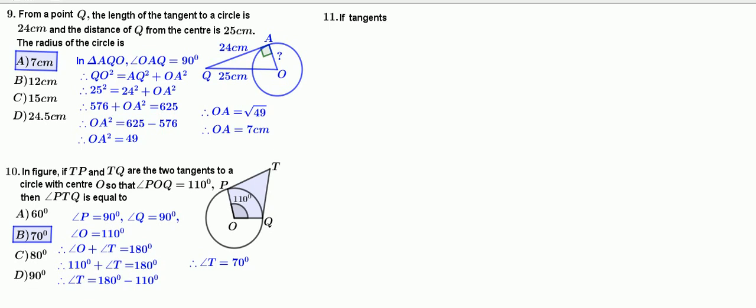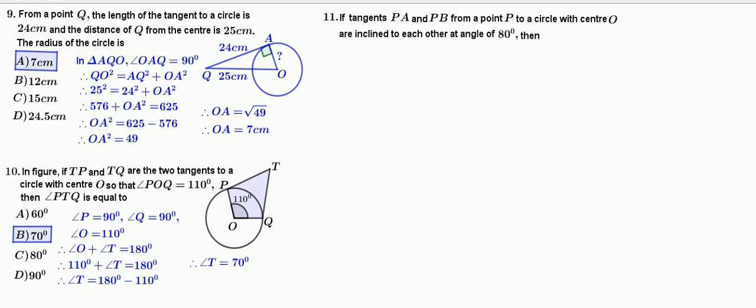Problem 11. If tangents PA and PB from a point P to a circle with center O are inclined to each other at an angle of 80 degrees, then angle POA is equal to option A 50 degrees, option B 60 degrees, option C 70 degrees, option D 80 degrees. Draw the figure first.